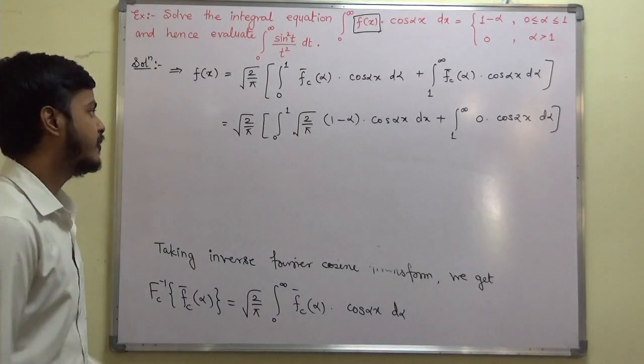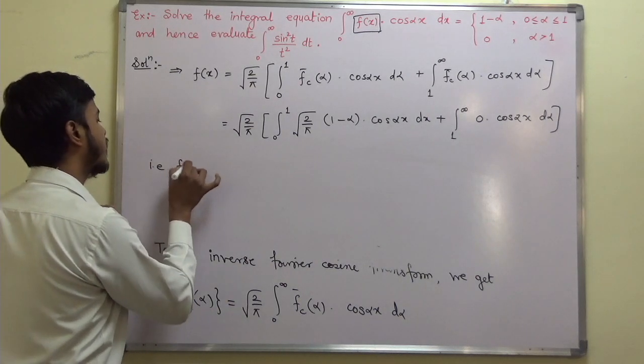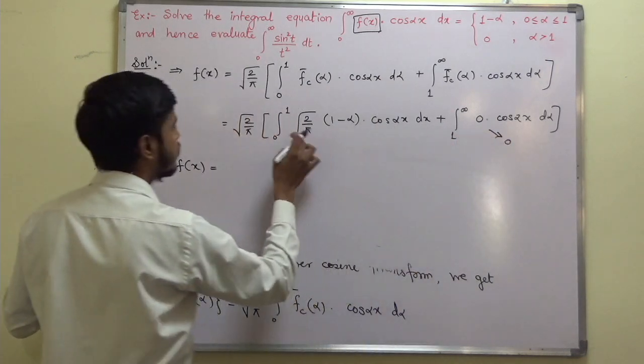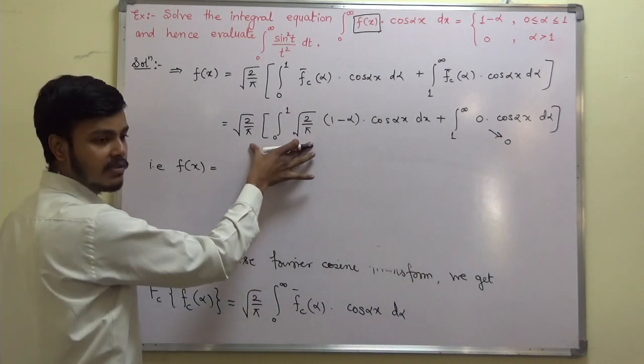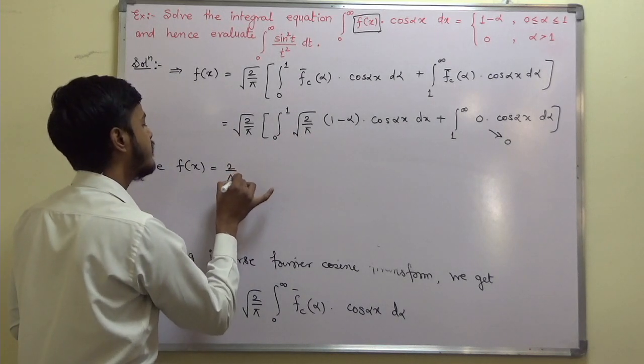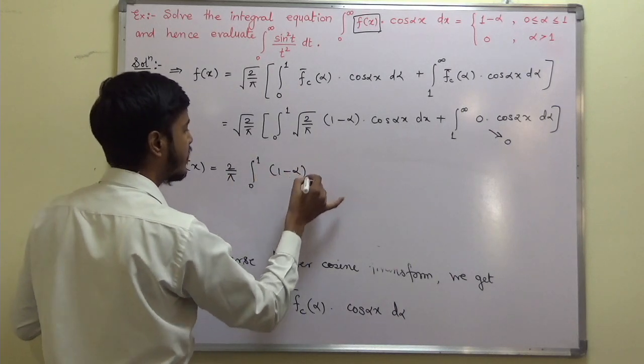Simple. Now we can just take this one out, that is f of x is equal to, this is 0, so I can just take this 2 by pi common.